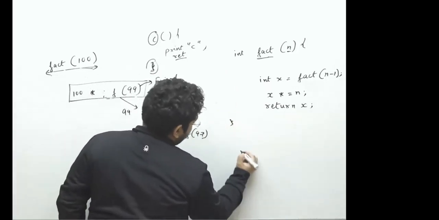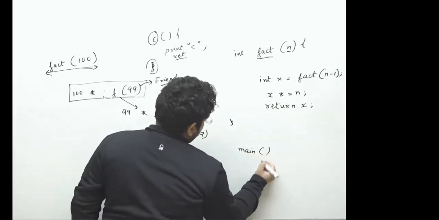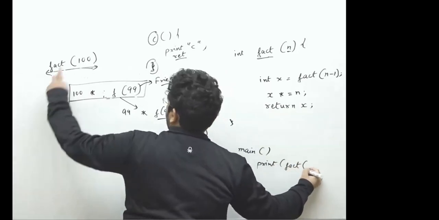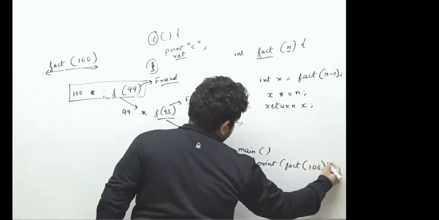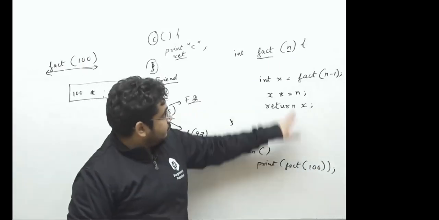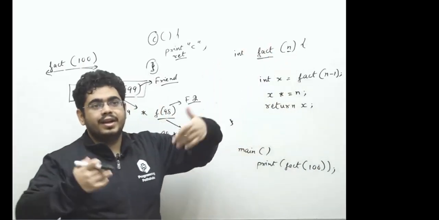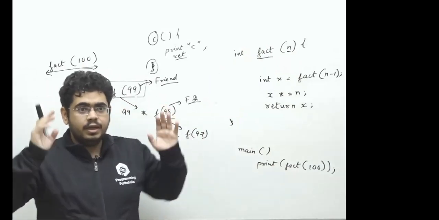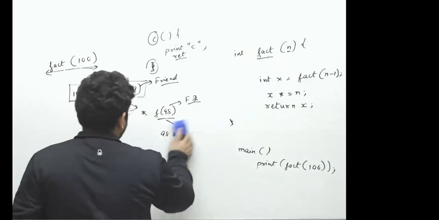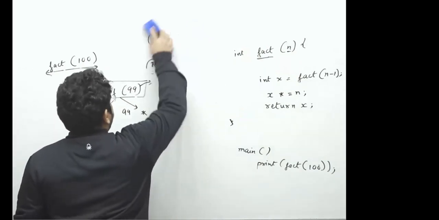And from the main, I will say print factorial of whatever I wanted to, let's say 100. Okay, so factorial of 100 is called. Let's see how it will execute. Again, keep in mind your stack diagram, so we'll try to build the stack with it also.